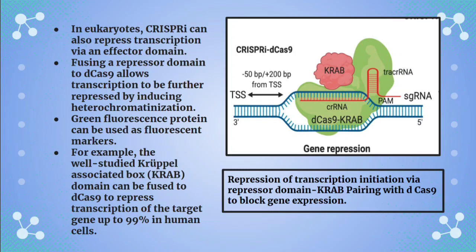Green fluorescent proteins can also be used as fluorescent markers. For example, the Kruppel associated box KRAB domain can be fused to D-Cas9 to repress transcription of the target gene up to 99% in human cells. This picture shows how KRAB is fused with D-Cas9.